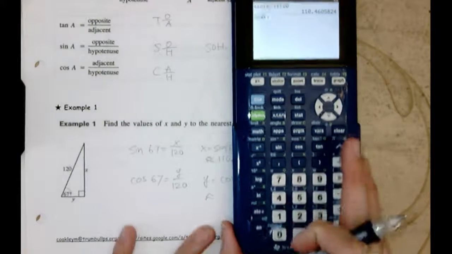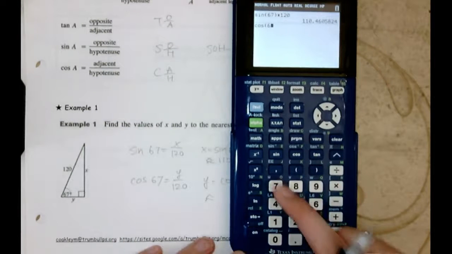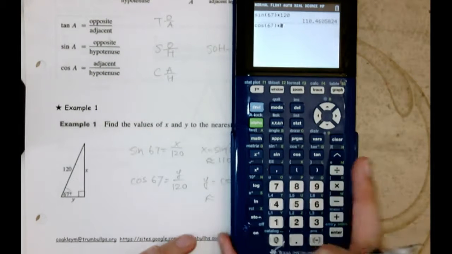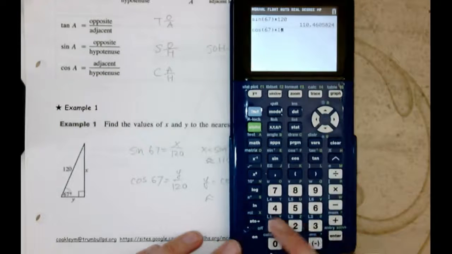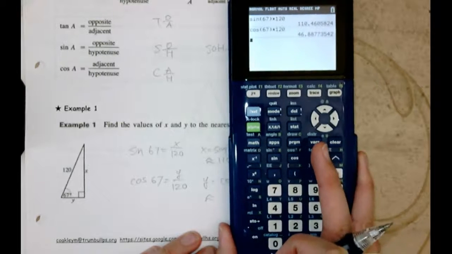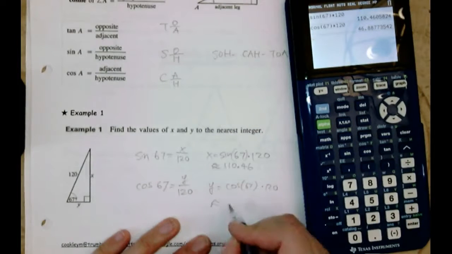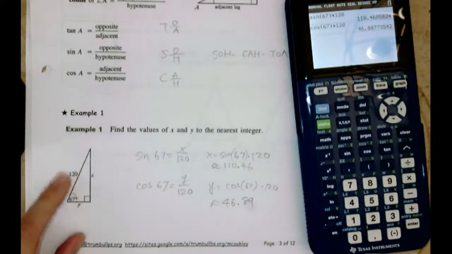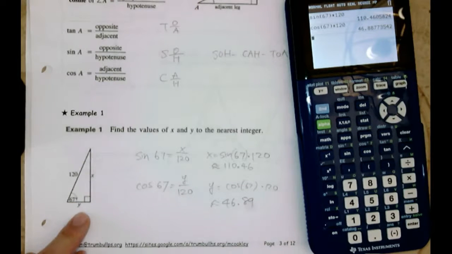Cosine of 67 times 120, right? And then you get 46.89. And again, it does make sense.